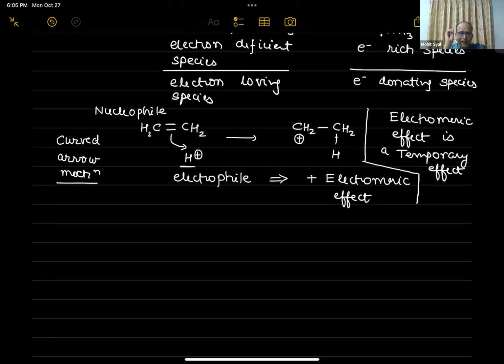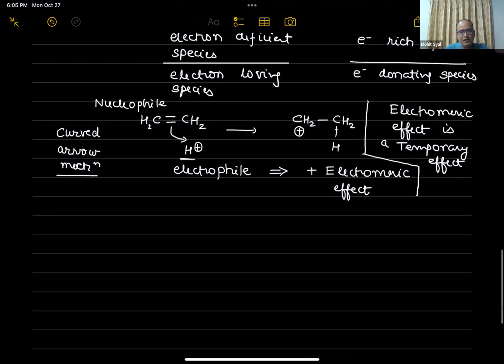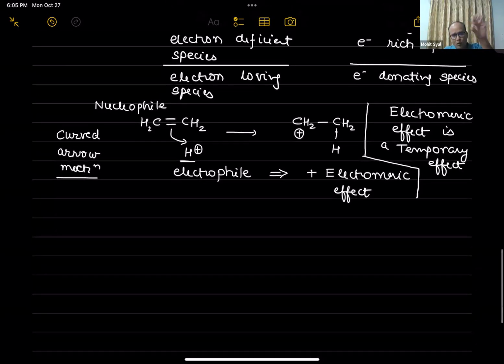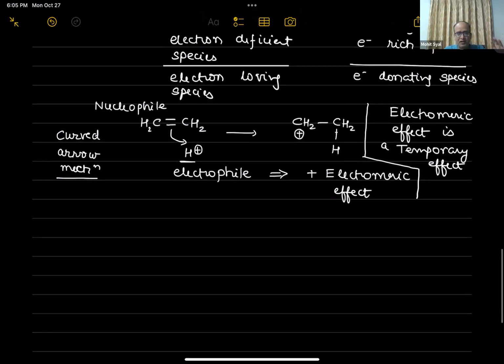Electrophiles are just like magnets. They just want to get the electrons and get themselves connected to the molecule by forming a bond. But in this whole process, some other atom is a loser, and that develops a positive charge. Is it clear?